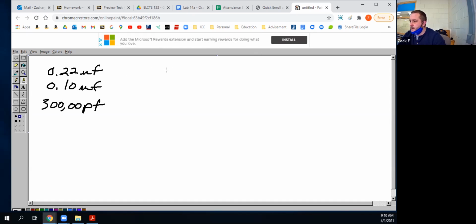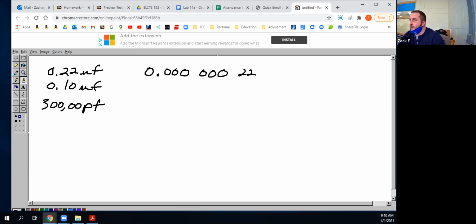So if it's me, I'm writing all these out. 0.22 microfarad would be 0.0000022, right? Correct me if I'm wrong, because this is confusing for me too. Yeah, micro is 6, so this is milli, micro, and then this would be pico. Okay, yeah.